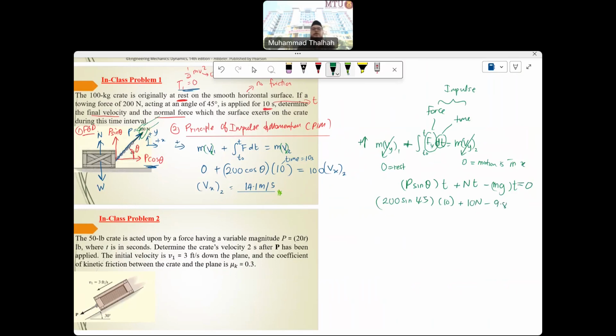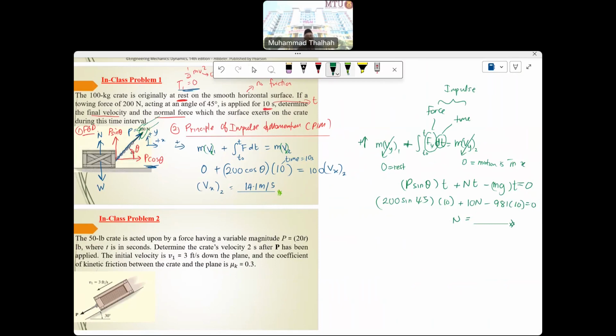Let me just figure that out. Yeah, 9.81 times 100 is 981, right? So 981 times 10 equals 0. And you will have your n equal to some value. You can solve for the normal force, which is what the question is asking you.